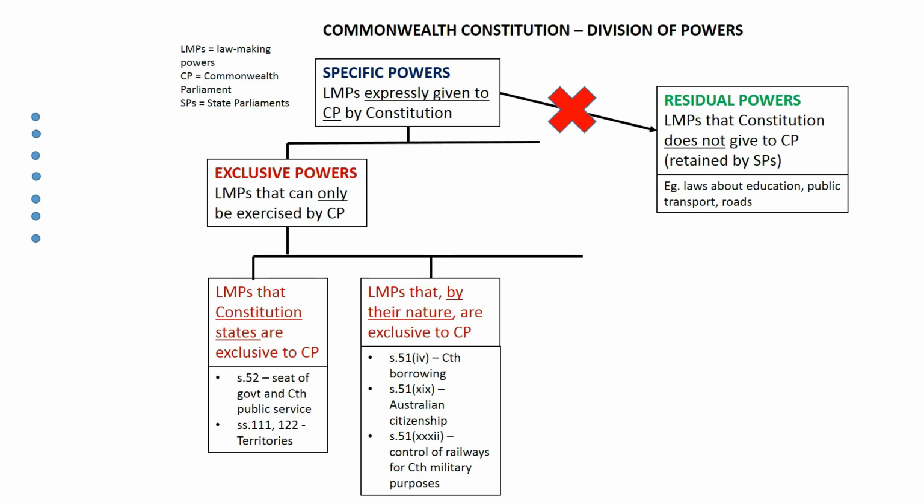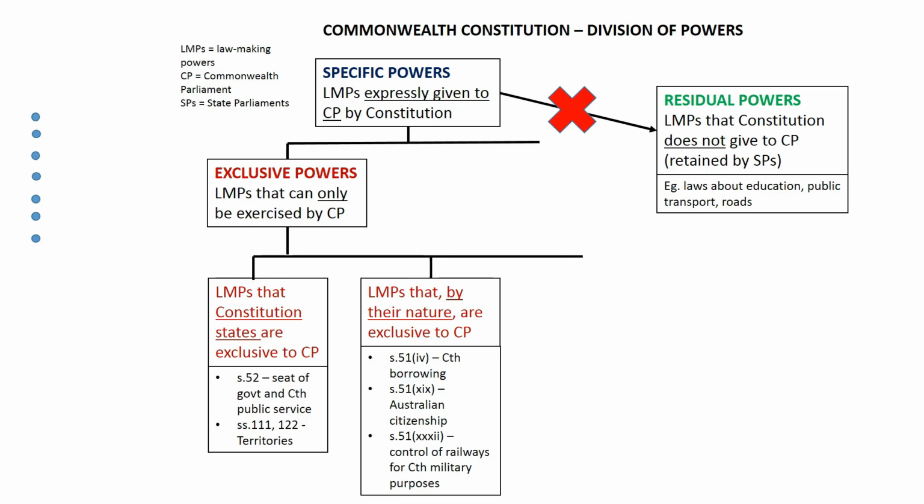Similarly, let's turn to section 51, subsection 19, that's XIX in Roman numerals, and you can see that this confers on the Commonwealth Parliament the power to make laws about naturalisation, that means who can become an Australian citizen, and aliens, which is a way of referring to foreigners. So this section gives the Commonwealth Parliament the power to make laws about Australian citizenship and foreigners.